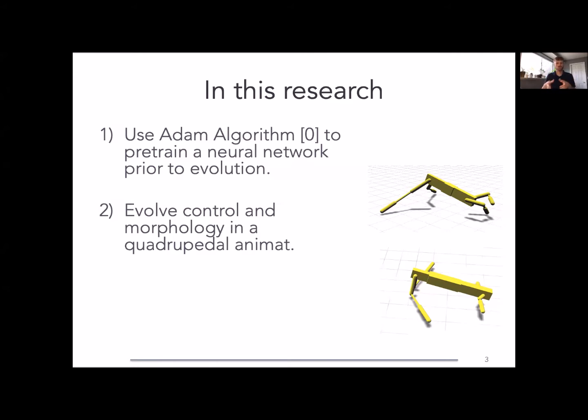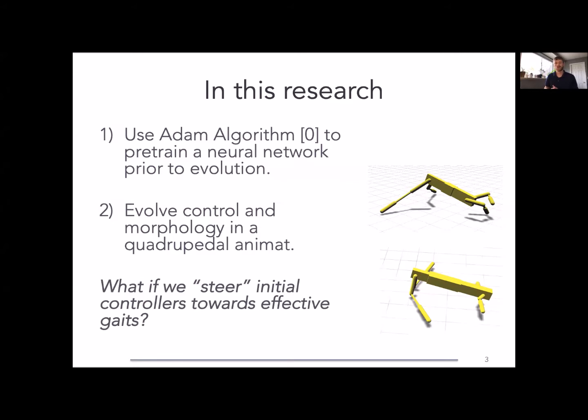But once we pre-trained a neural network towards oscillatory movement, we then evolved control and morphology in our quadrupedal animats in a more traditional genetic algorithm using lexicase selection. And so the primary question in this work was, what happens if we steer our initial controllers towards effective gaits, or at least effective oscillatory movements, before evolution?